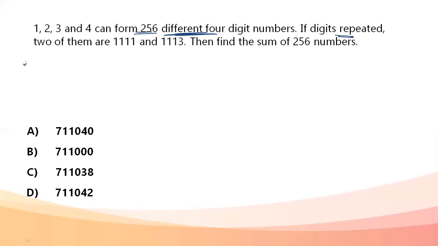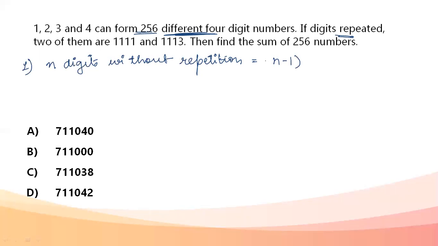So the formula is: first case, the sum of all the numbers which can be formed by using n digits without repetition. If it is n digits without repetition, the sum is going to be equal to n minus 1 factorial into the sum of the digits that are given, into 1 1 1 1 up to as many n terms as I need.